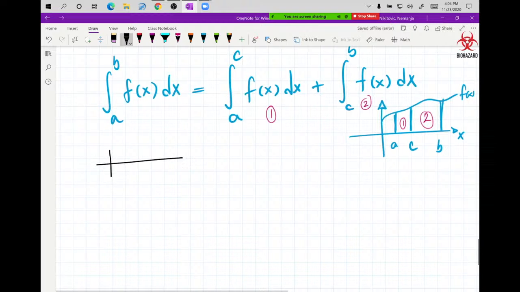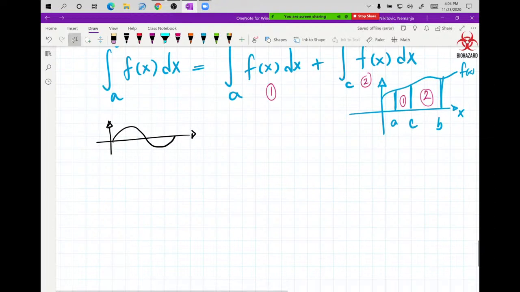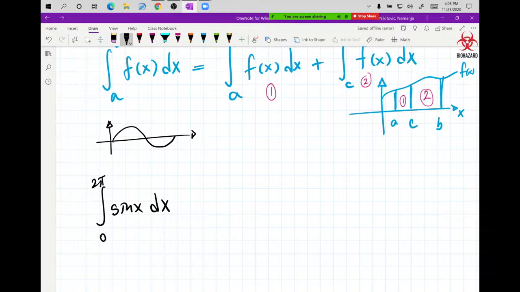Looking at my sine graph, when I have 0 to 2 pi sine x dx, if I do everything in one shot, it will give me 0, which is not something I want. The switch happens here at pi, so pi to 2 pi is, in quotation marks, the bad region.